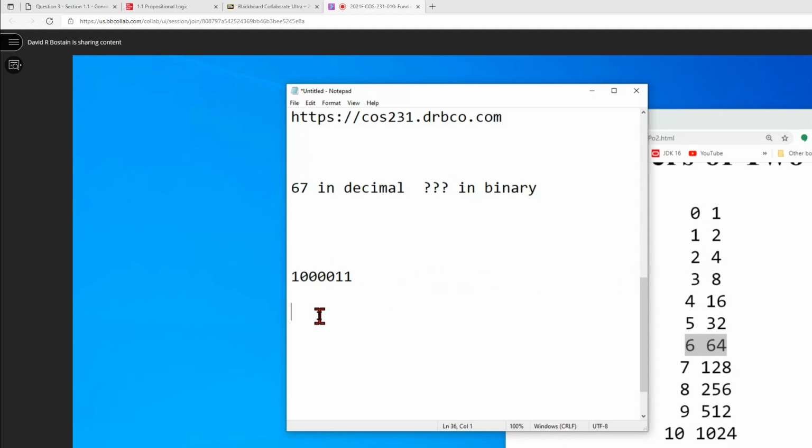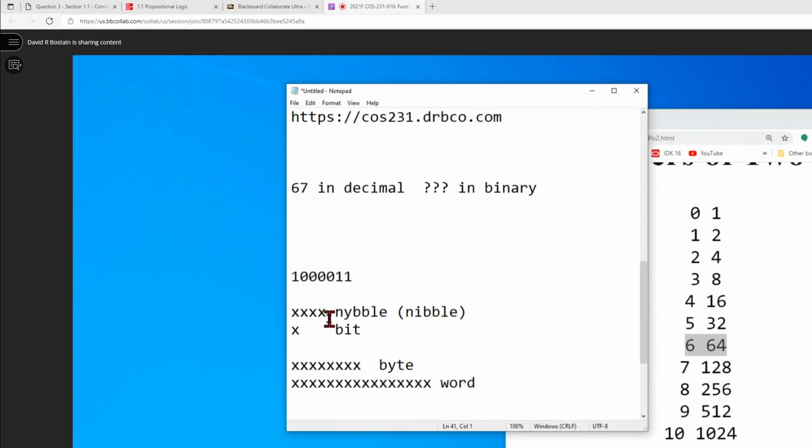Now, if we have 4 binary digits in a row, we call that a nibble, sometimes spelled like this. 1 bit all by itself is called a bit. 8 bits is called a byte. 16 bits is often called a word.